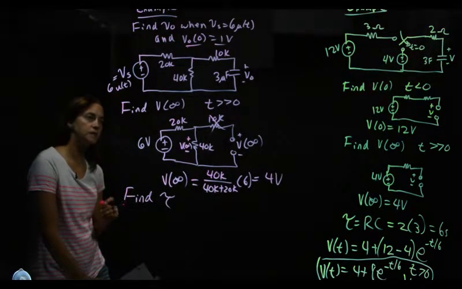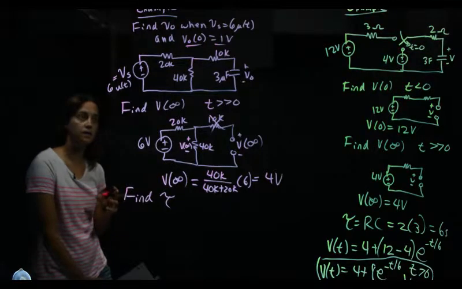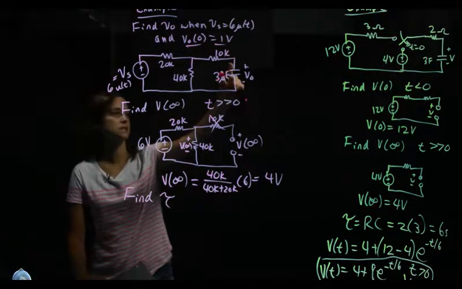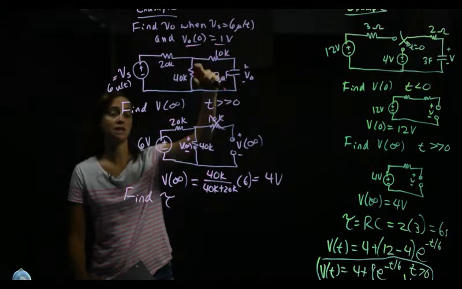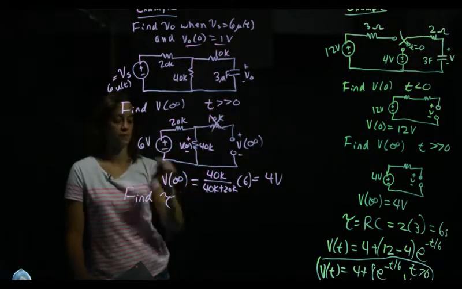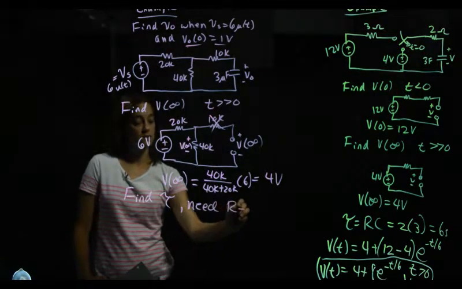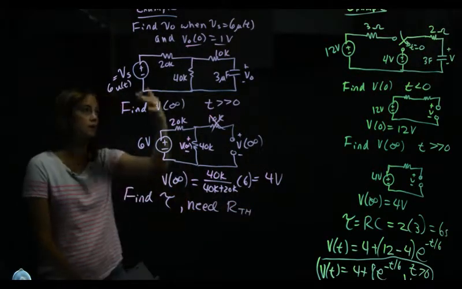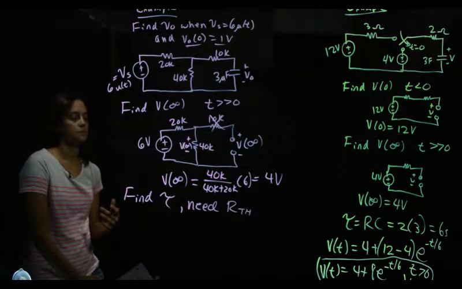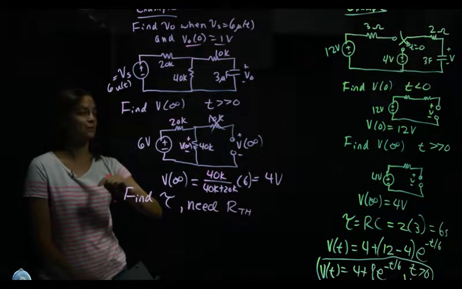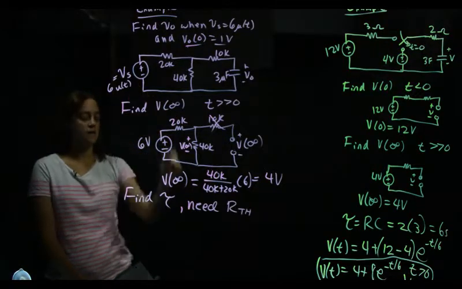Well, we're going to need to find a Thevenin resistance, an equivalent resistance. So what resistance does this capacitor see? This one's a little bit trickier. Thinking back to chapter 4, I think, when we find our Thevenin, we need to deactivate the source.